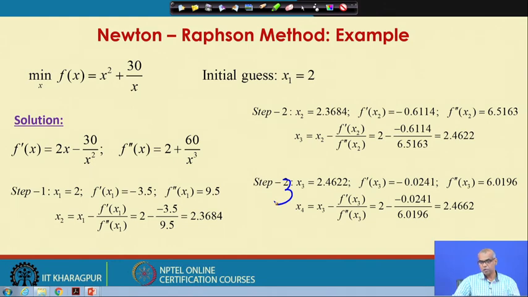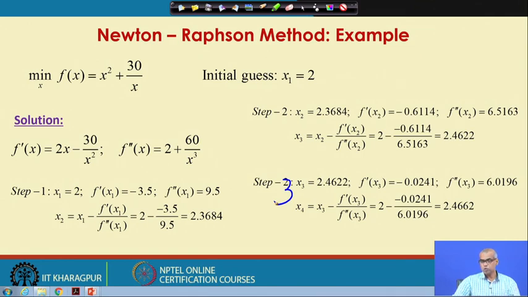So, x 4 can be obtained now as x 3 minus f prime x 3 by f double prime x 3, which is obtained as 2.4662. Now, you can go to step 4 and get even closer to the true optimal solution.